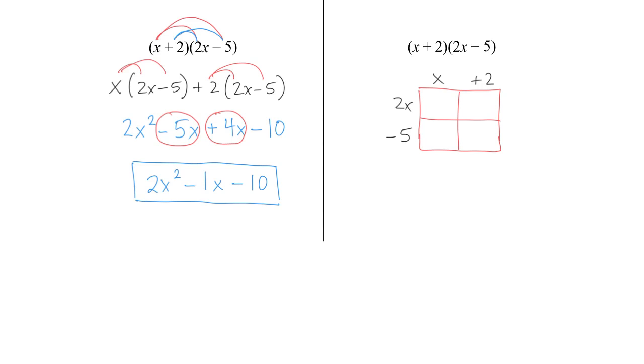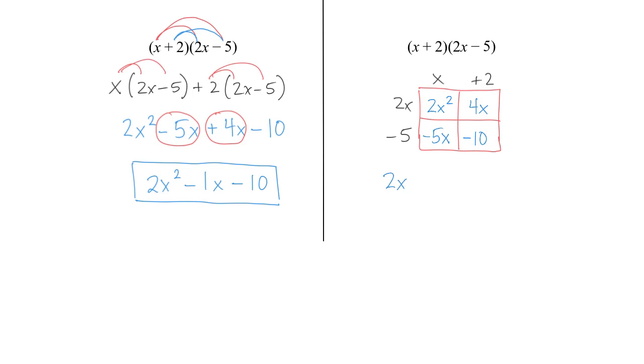Now let's fill in the inside. Again, to get each box, I multiply what's above it and what's to the left of it. So I've got 2x times x is 2x squared. 2x times 2 is 4x. x times negative 5 is negative 5x. And negative 5 times 2 is negative 10.